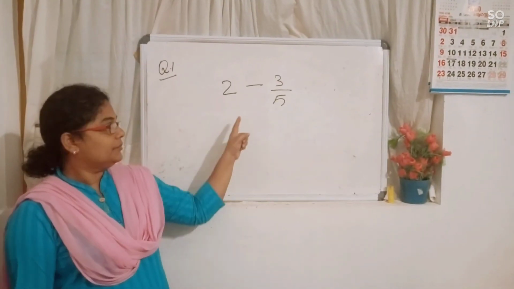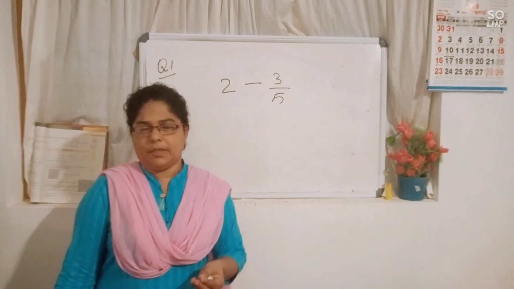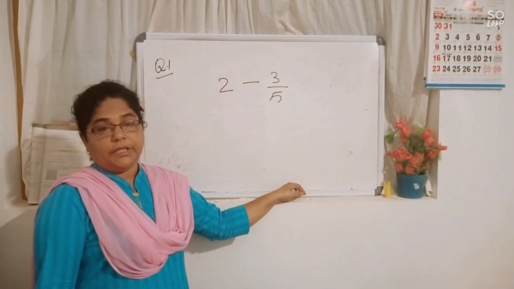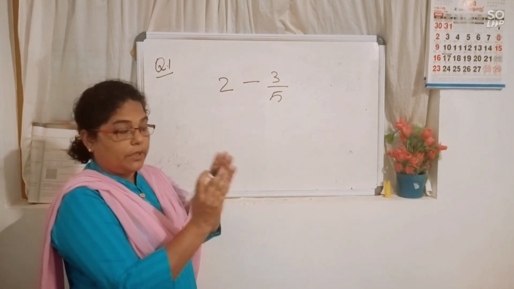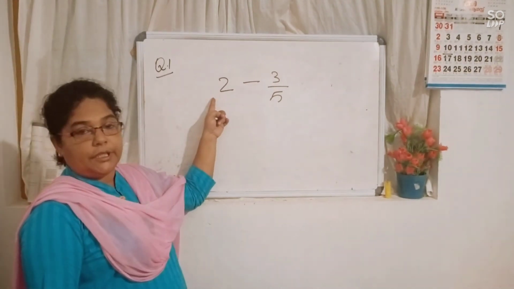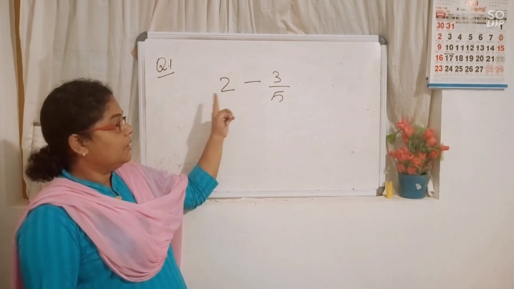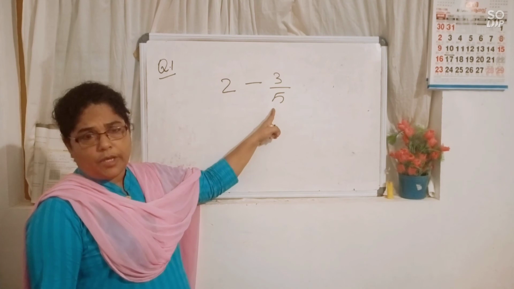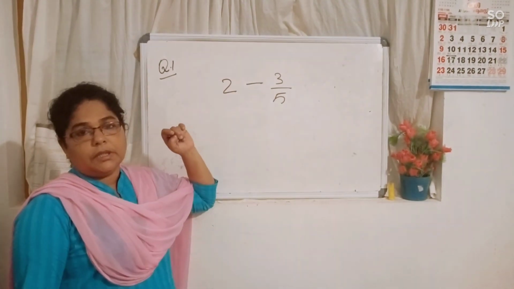Okay guys, one more small example. This is 2 minus 3 by 5. 2 means full 2 chocolates are with person A, full, not divided. And the second one, how many pieces did it make? 5 pieces and out of 5, 3 pieces he got.